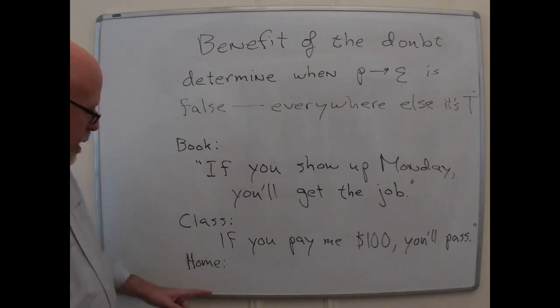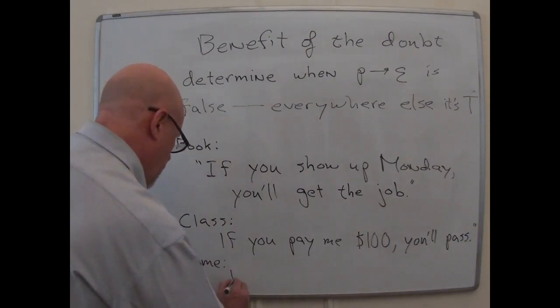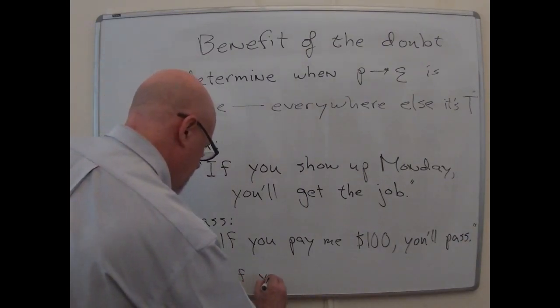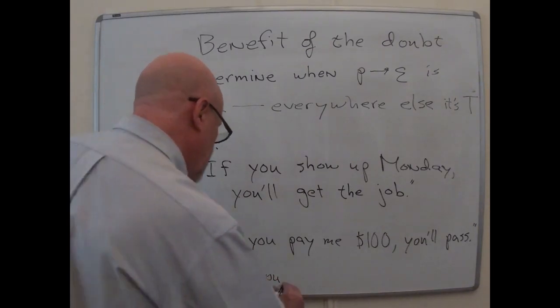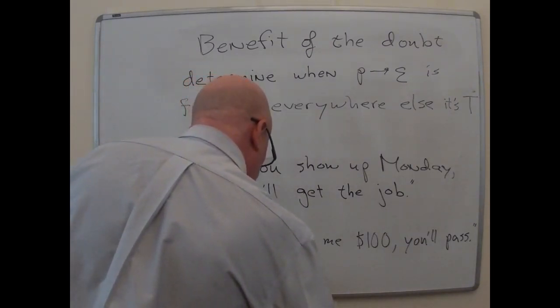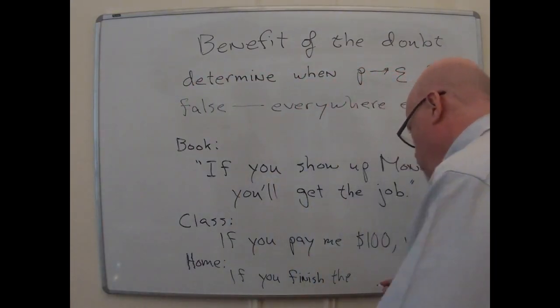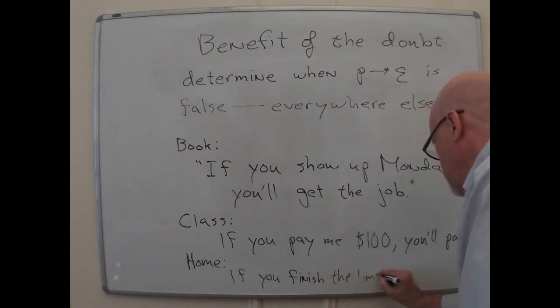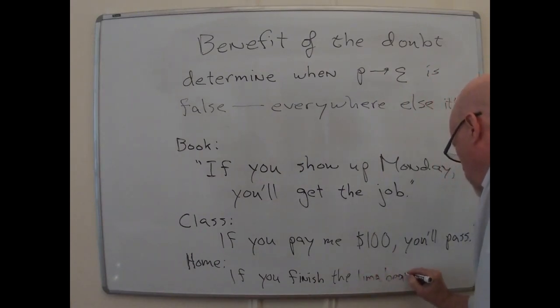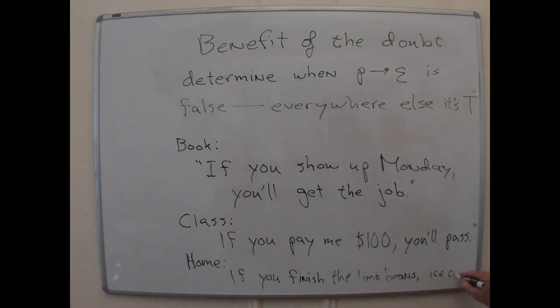So suppose mom says to you, if you finish your lima beans, or substitute whatever food you don't like, I don't care for lima beans, so you can have ice cream. It's: if you finish the lima beans, then you can have the ice cream.